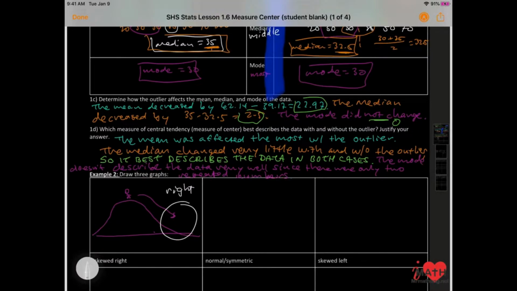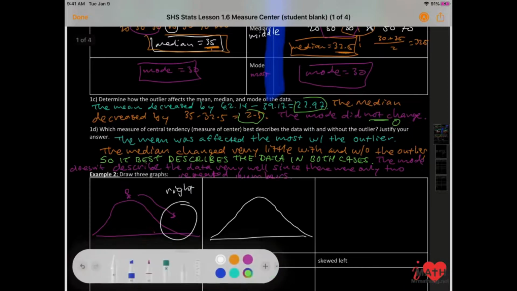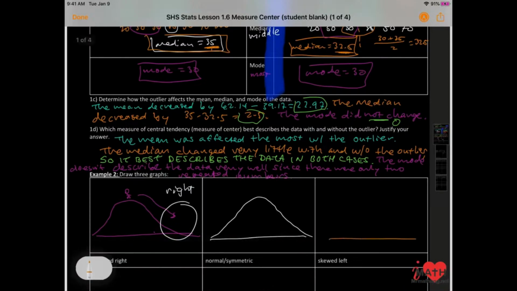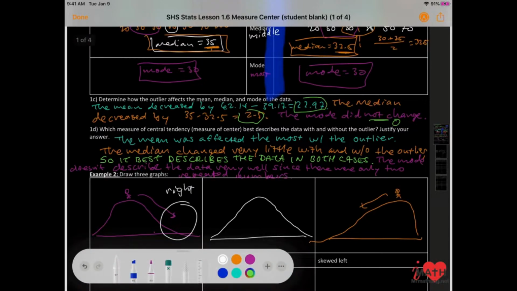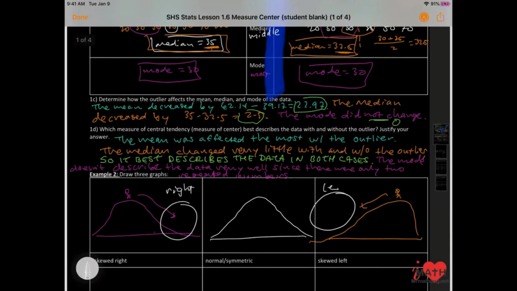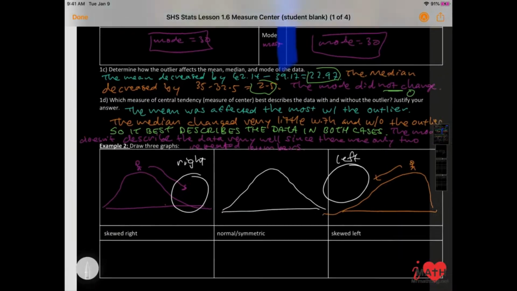And then let's just say you are symmetrical. Well, you can go any direction, right? And then a skewed left. Kind of looks like that. Remember, you're up here and you go this way, and all the data, there's nothing to the left there. So this one would be left skewed. Okay, we'll start with skewed right.